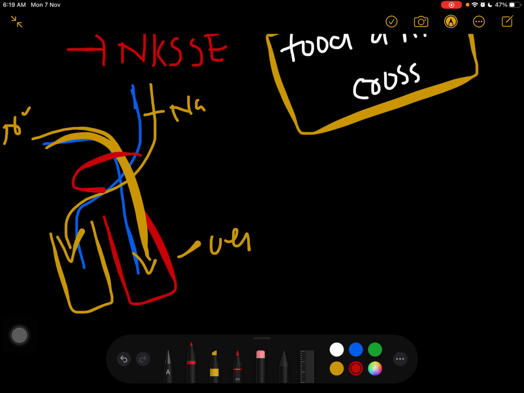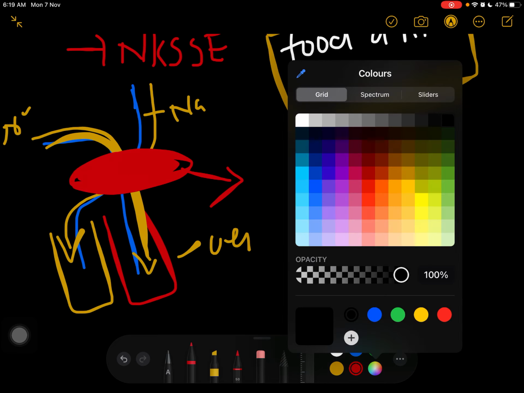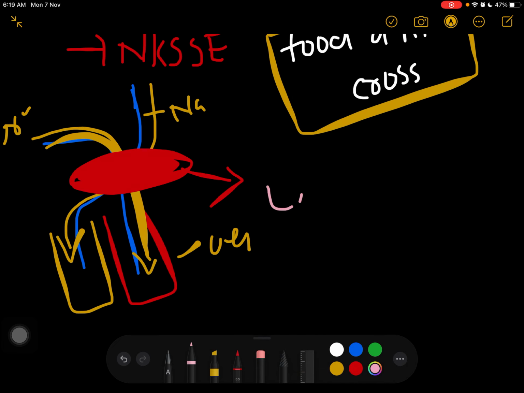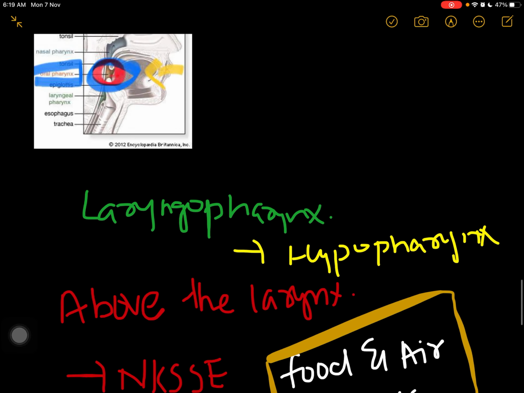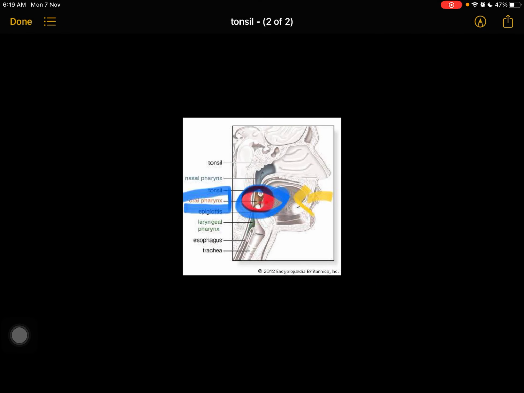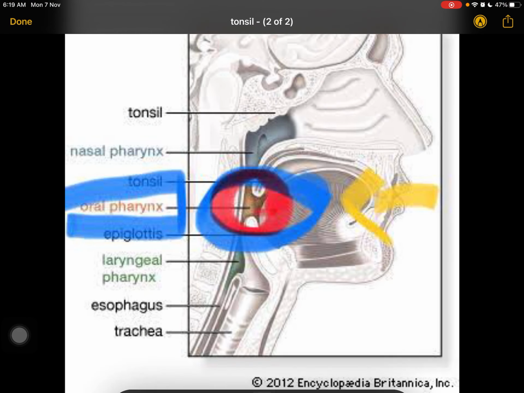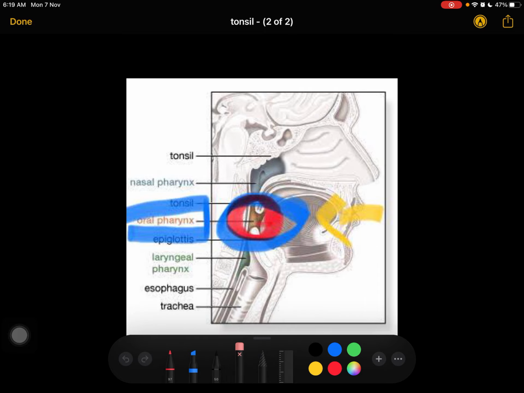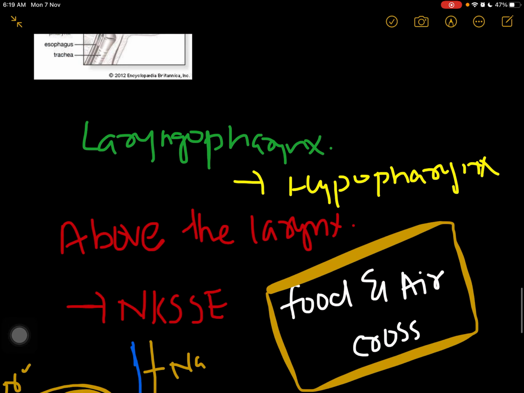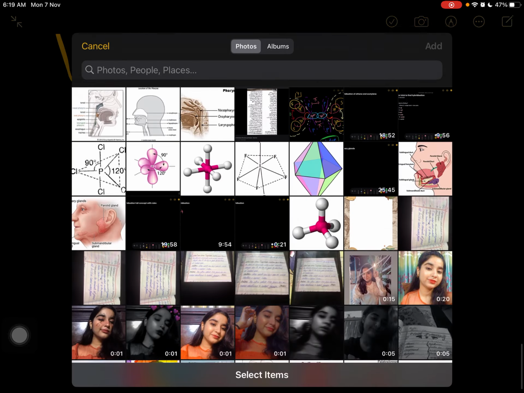The region between this is known as laryngopharynx or hypopharynx. Let me show you the diagram of this too. Let me remove this first. Okay, let's leave this diagram. I'll show you another diagram.